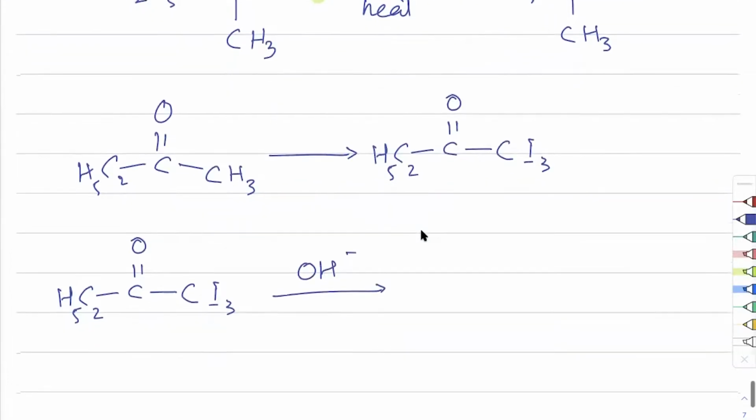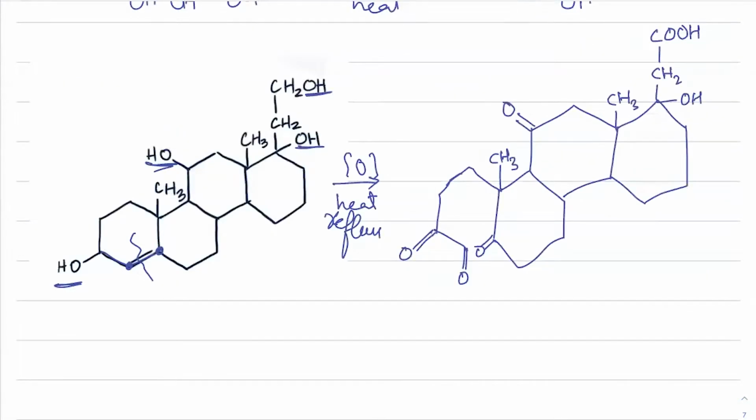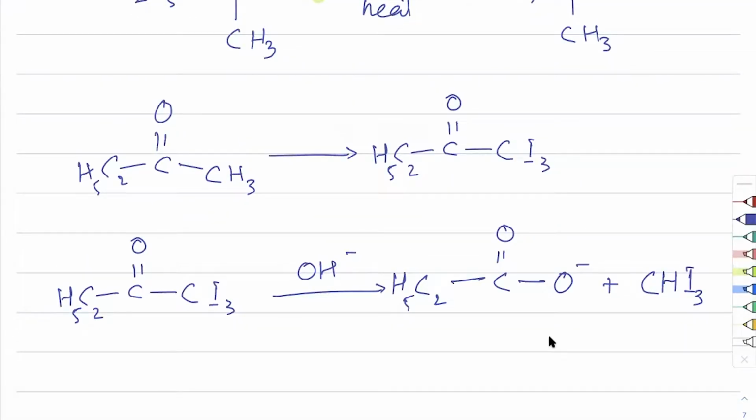So the alkali is giving us OH minus, and what that does is that hydrogen goes with the carbon and oxide goes in place of that. So now you're going to get C2H5 as it is, this carbon as it is. But now in place of CI3, we are going to get O minus. And that carbon is now going to be joined with the hydrogen. So basically hydroxide ion has given the H to carbon, and the oxide has replaced CI3.